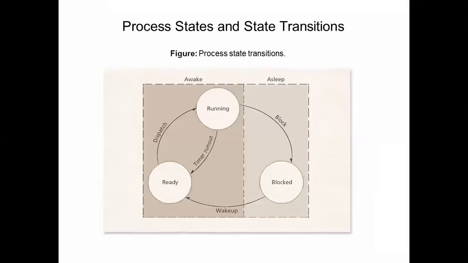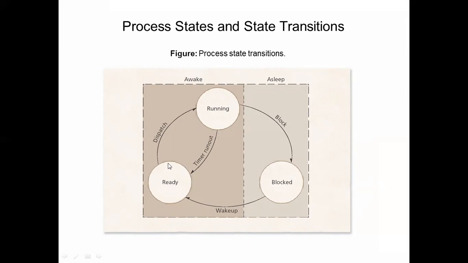Now here you can check the several process states and state transitions. In this block diagram, you can see the ready state, the running state, and the blocked state. There is a timer run out, so a particular time interval will be given to each process.